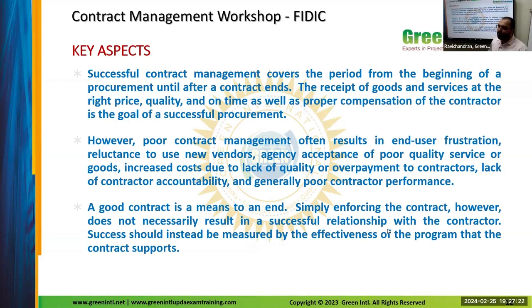And it should not be just the terms and conditions and the contractor fulfilling those terms and conditions. There should be continuous communication between the contractor and the end user. So it is on the track of what the end user really needs and whether that contract is fulfilling that thing. If that is not happening, some improvements can be made, some variations can be made.